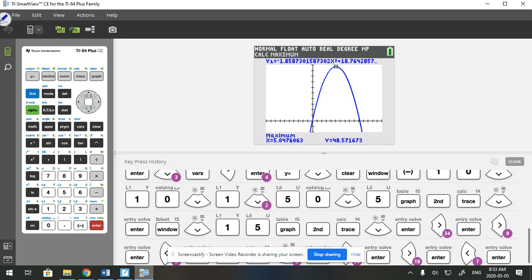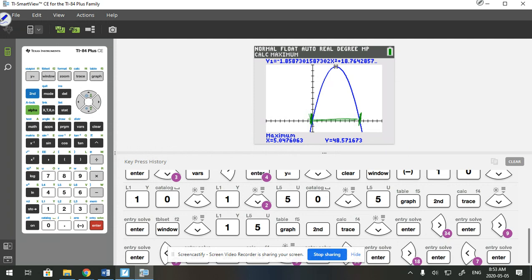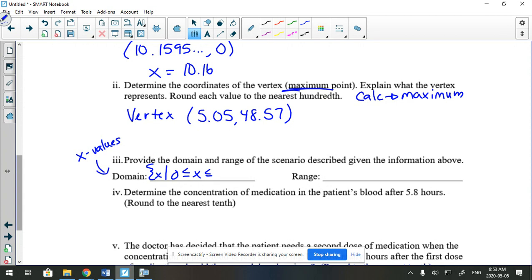So in the context of the question, the only values for x that are valid are the ones, I'll change the color here, between here and here. These x values are the only ones that make sense in the context of the question. So when I write out my domain, it's going to be x such that x is between 0 and, you know what this point is already, the x-intercept you figured out earlier, so we might as well use that information.